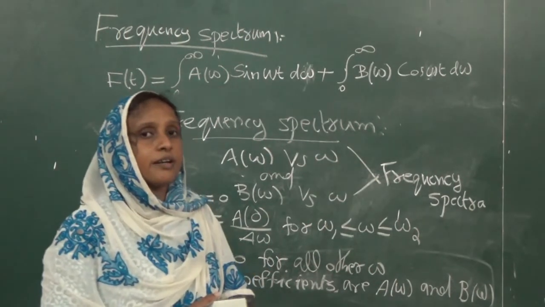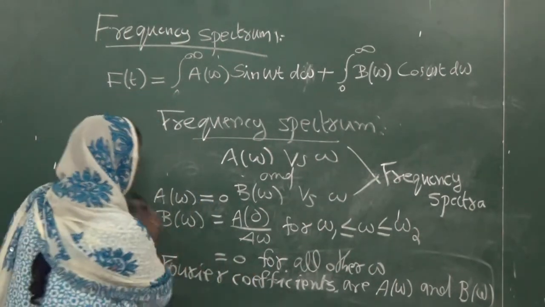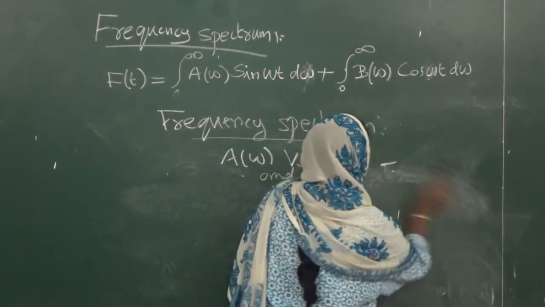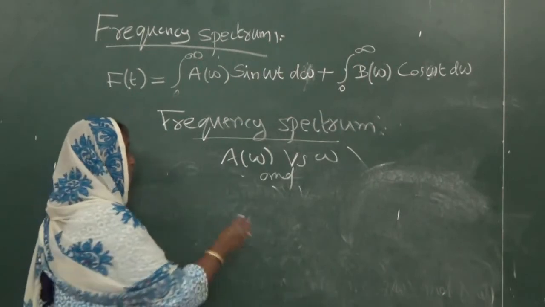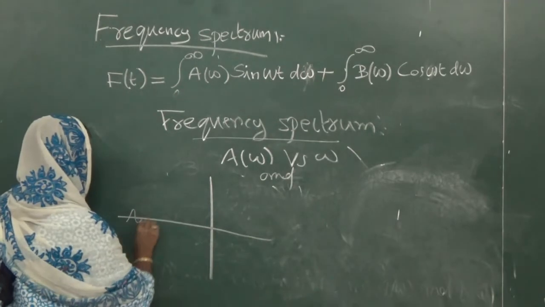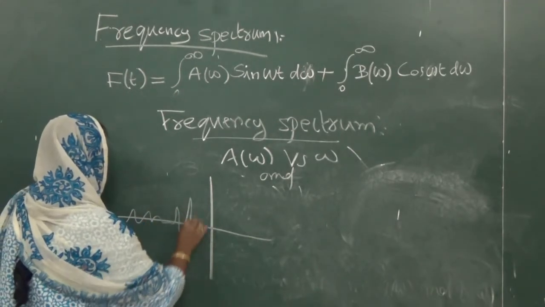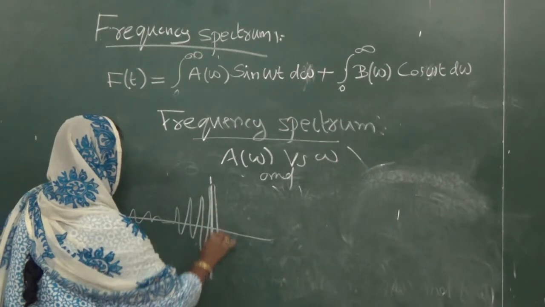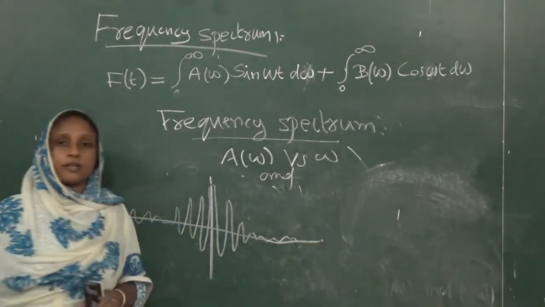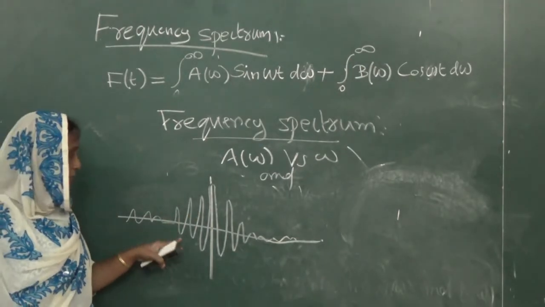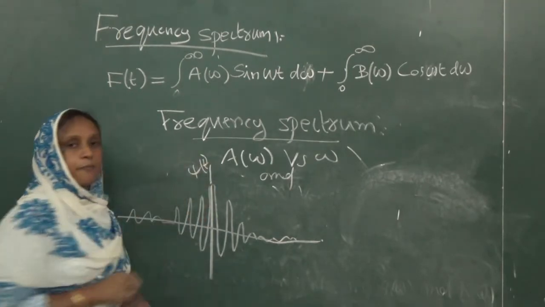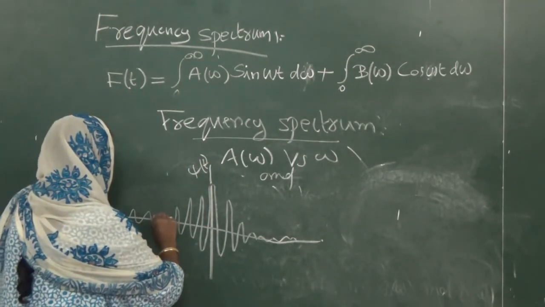So now we can plot the frequency spectra of the pulse, which we have already written in terms of a Fourier integral. Now consider the pulse which is of this form. Suppose this is the pulse represented by our function psi of t. Here there is an envelope like this.